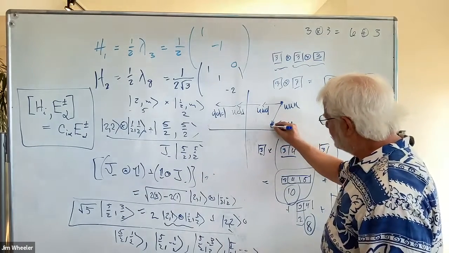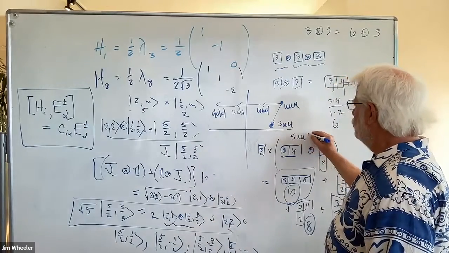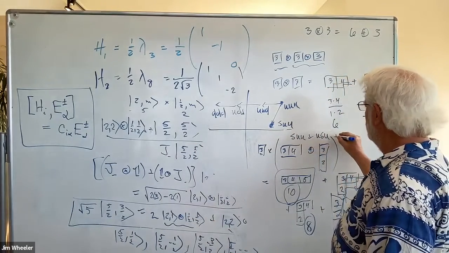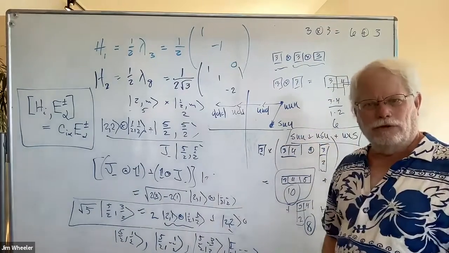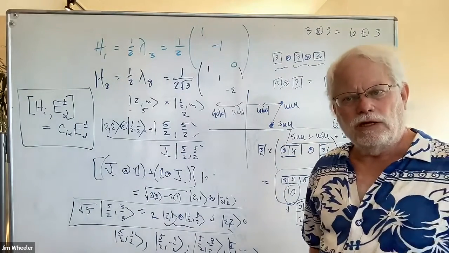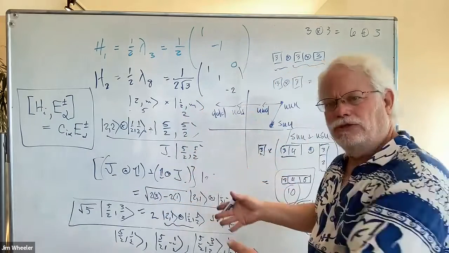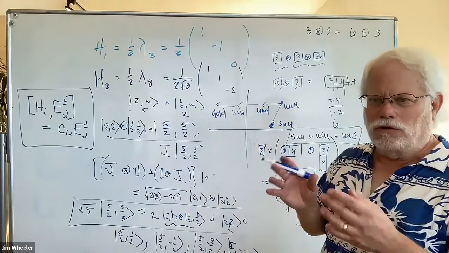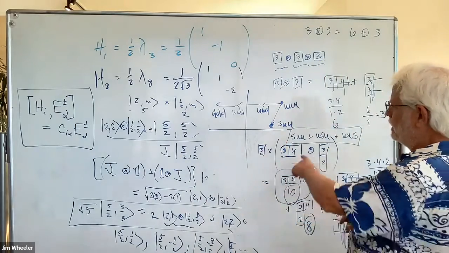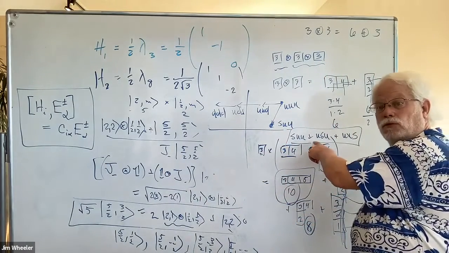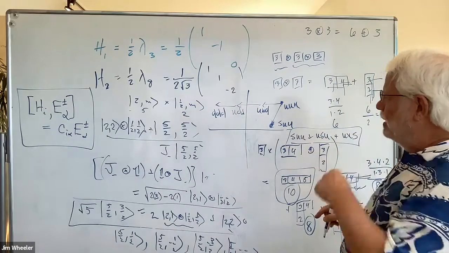So this actual state here, if we did the lowering, would be SUU plus USU plus UUS, a symmetric combination of those three quarks, two U's and one S. So by actually applying those, or just knowing what symmetry we're dealing with from the Young tableau, we can figure out the form of the wave function for these particles.